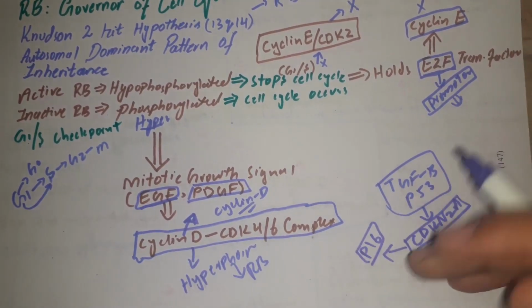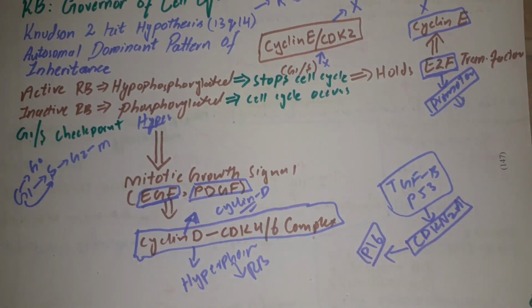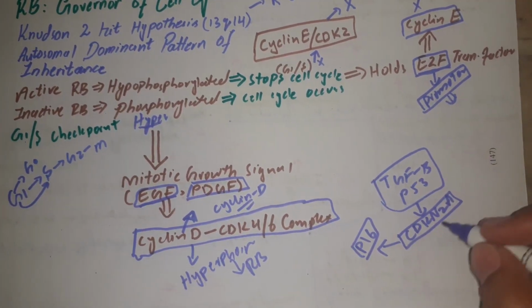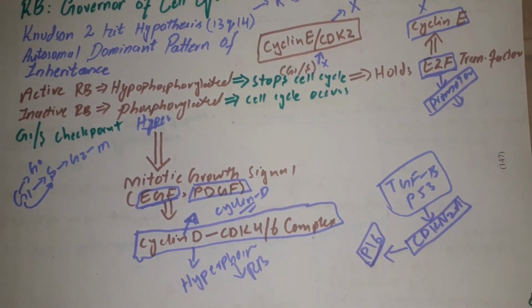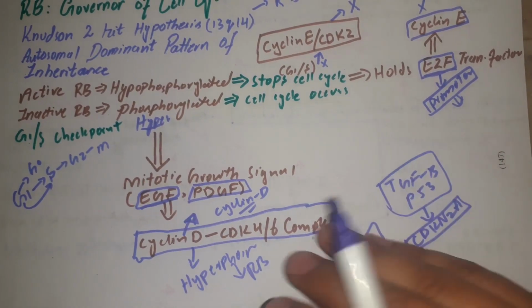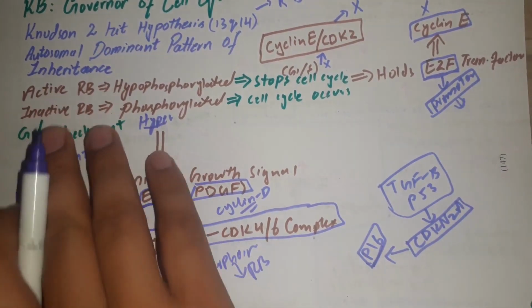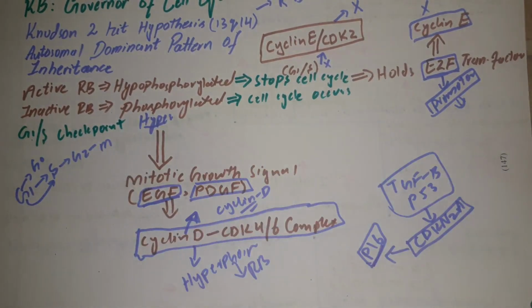This P16 is inhibitory to cyclin D and this complex. So these inhibitory signals lead to the activation of the CDKN2A gene, whose product is P16, or protein 16 you can say, and it inhibits this complex. When this complex is inhibited, retinoblastoma remains hypophosphorylated and it is active and it stops the cell cycle.